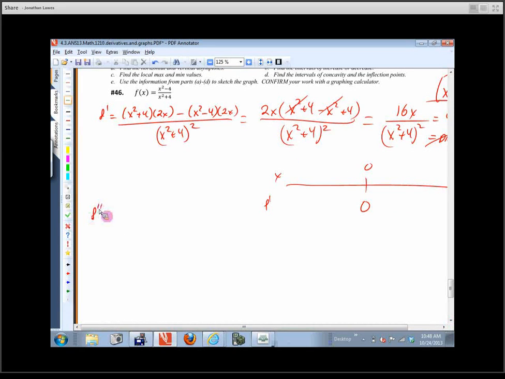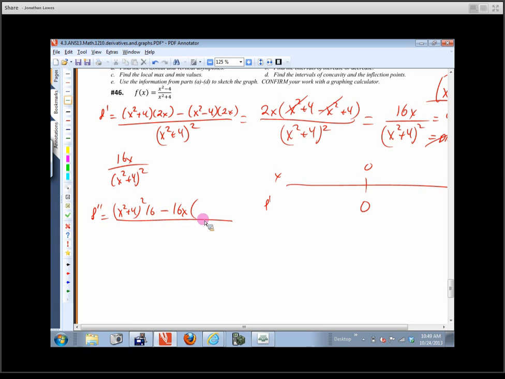If I find the second derivative, I'm going to take this expression right here, that simplified form, 16x over x squared plus 4, quantity squared, and I want to find the derivative. I am stuck using the quotient rule, so I'm going to have the bottom times the derivative of the top minus the top times the derivative of the bottom.